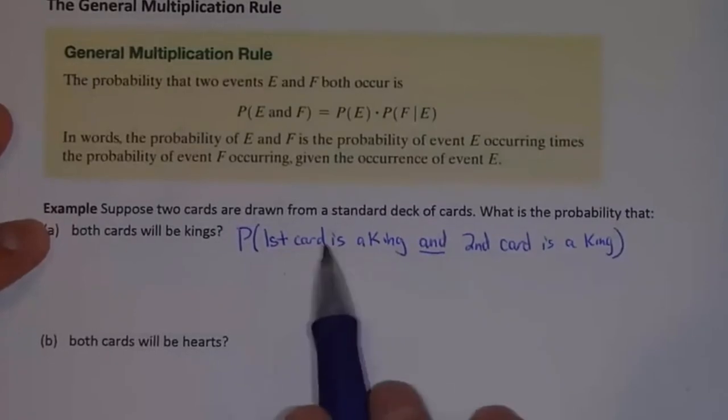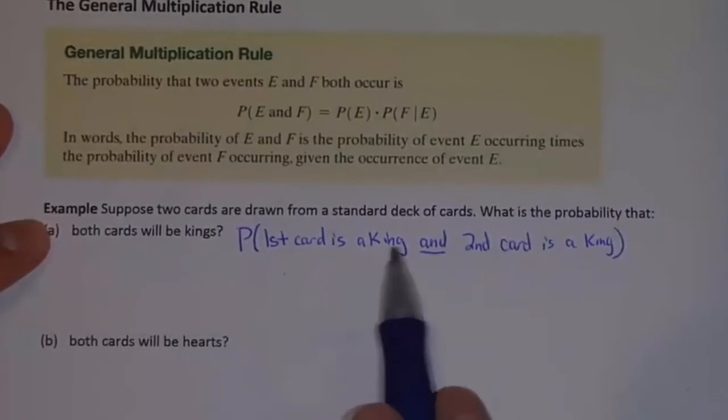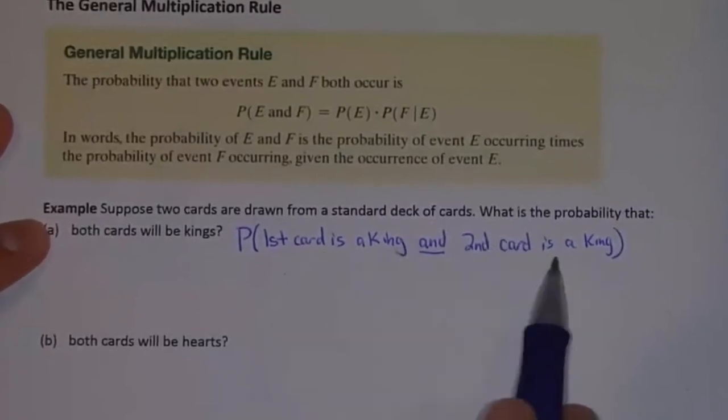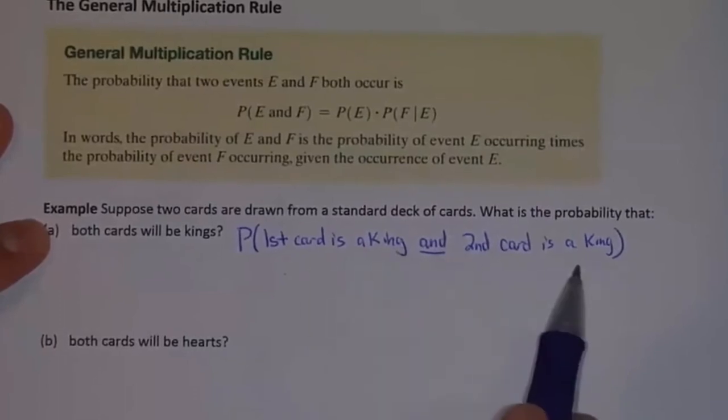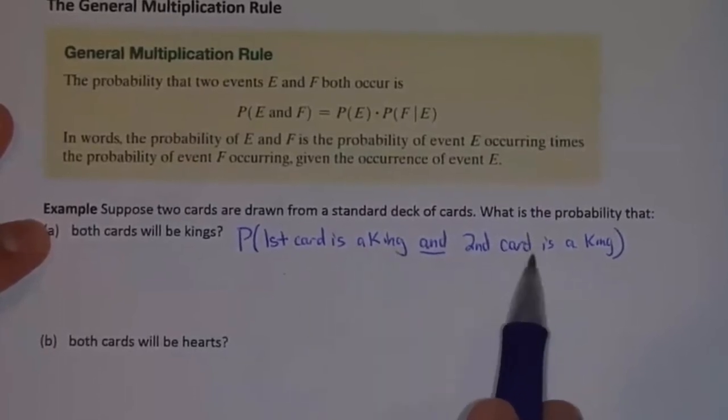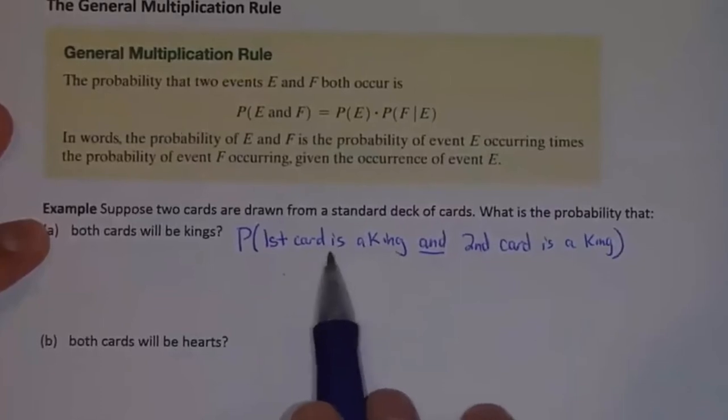Again, we've already talked about the fact that the first card and the second card are not independent. They are dependent. The probability of the second card being a king is going to depend on the first card, whether or not it's a king.